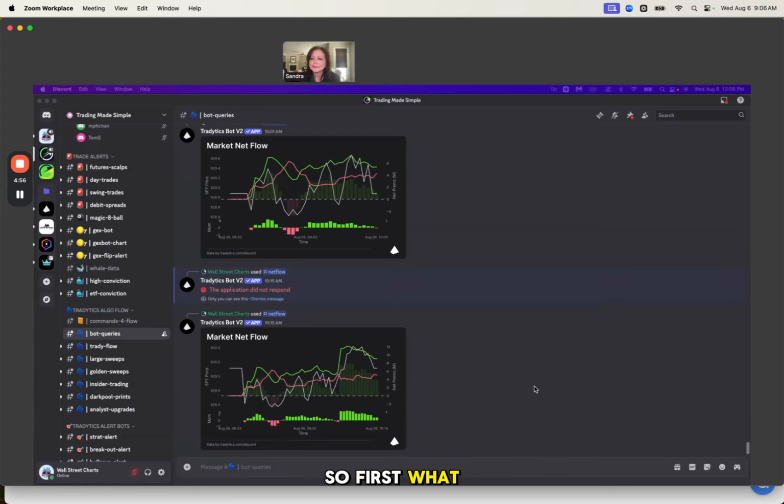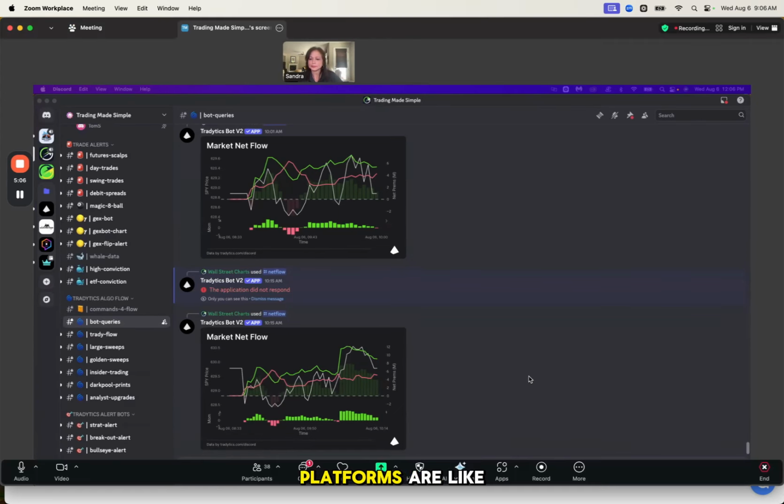So first, what would be the dark pool levels? To understand the dark pool levels, first we have to discuss the dark pool platforms. So what are the dark pool platforms? The dark pool platforms are like a hidden brokerage, we could view them like that, in which only institutional money is able to open or close positions and trade there.